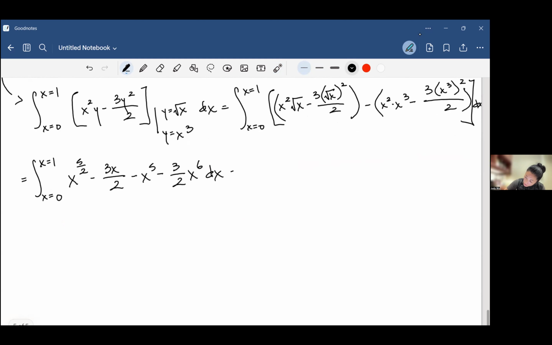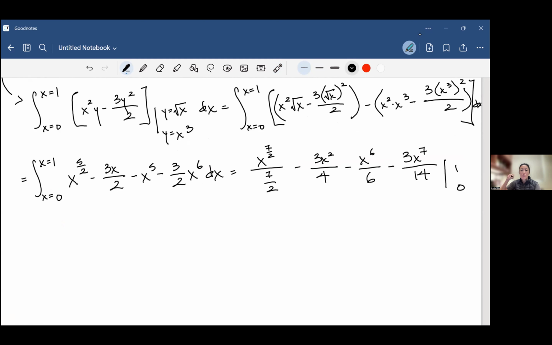So let's integrate. I get x to the 7/2 over 7/2, minus 3x squared over 2 over 4, minus x to the 6th over 6, minus 3x to the 7th over 2 times 7 is 14. And I want to plug in 0 and I want to plug in 1.